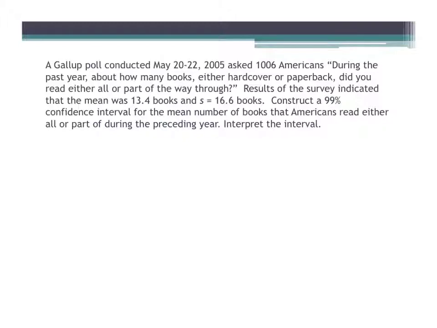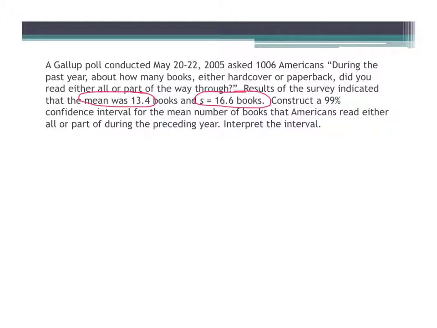Next example says a Gallup poll conducted May 20th to 22nd of 2005 asked 1,006 Americans during the past year about how many books, either hardcover or paperback, did you read either all or part of the way through. Results of the survey indicated that the mean was 13.4 and the standard deviation was 16.6.